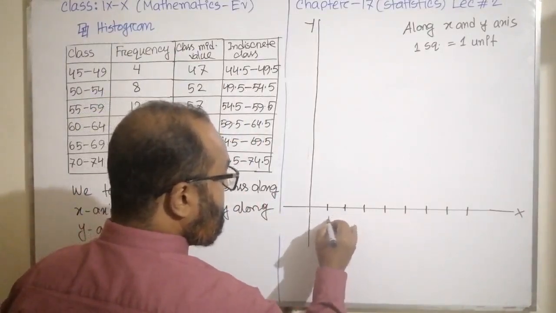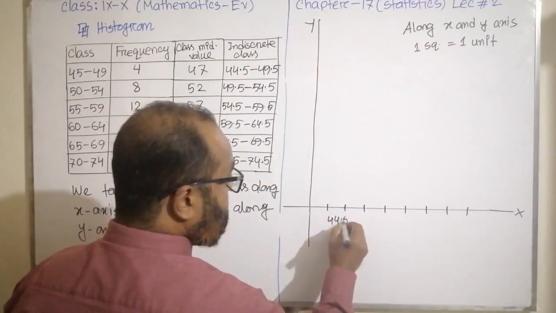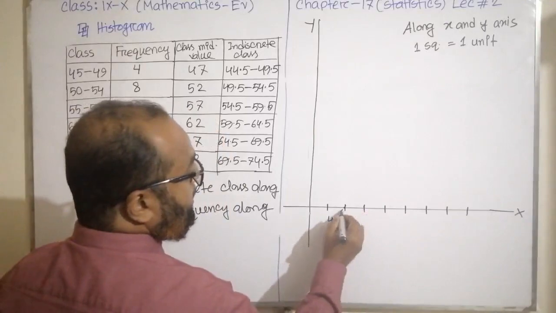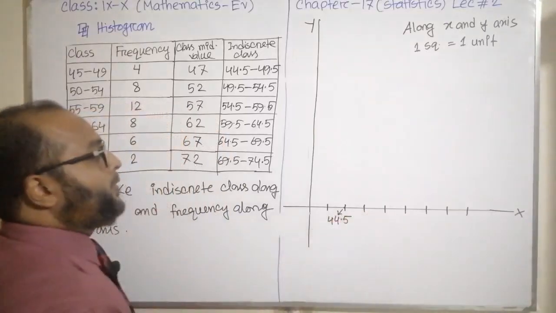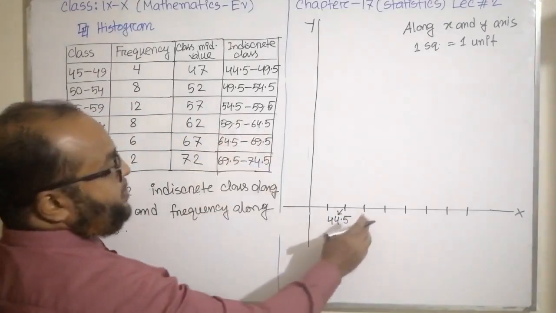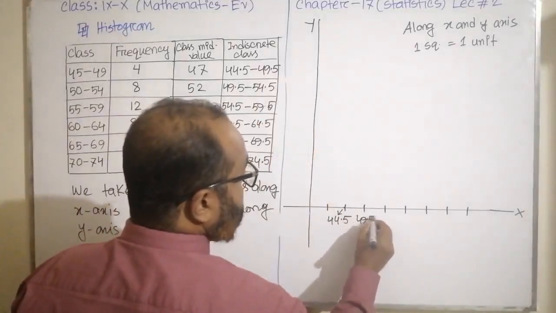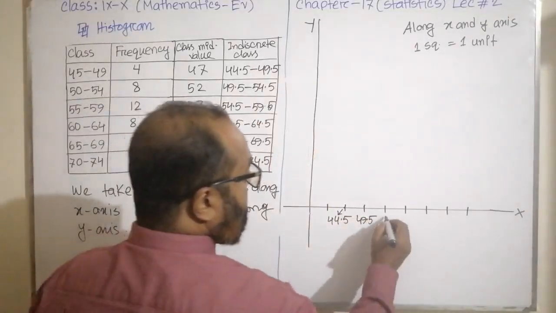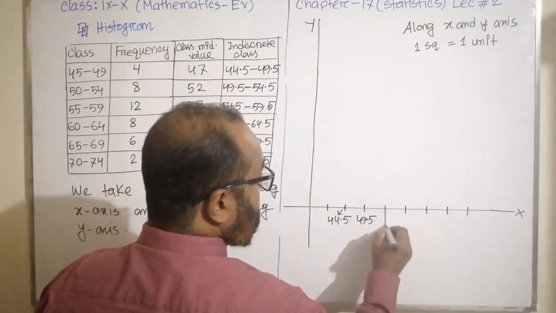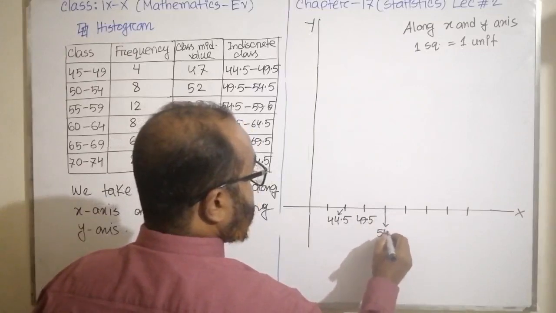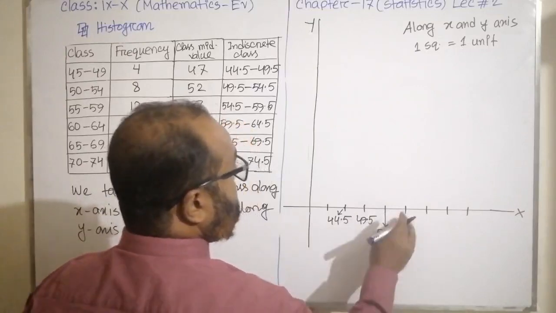This is 44.5, and after 5 squares this will be 49.5, and then 54.5.